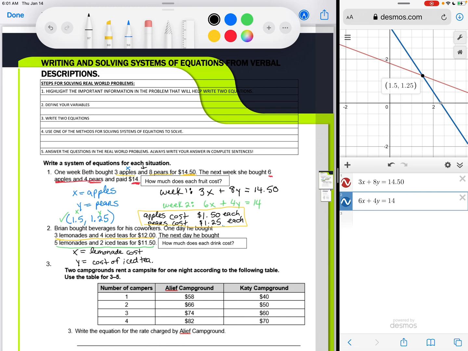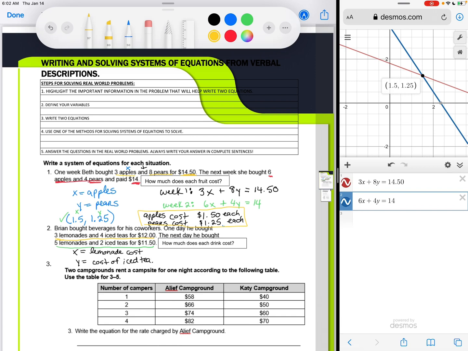All right, so now that we have that, we defined our variables. Now we're going to actually write our equations. And particularly, we're going to look at what we have underlined in, for instance, yellow. 3 lemonades and 4 iced teas is $12.